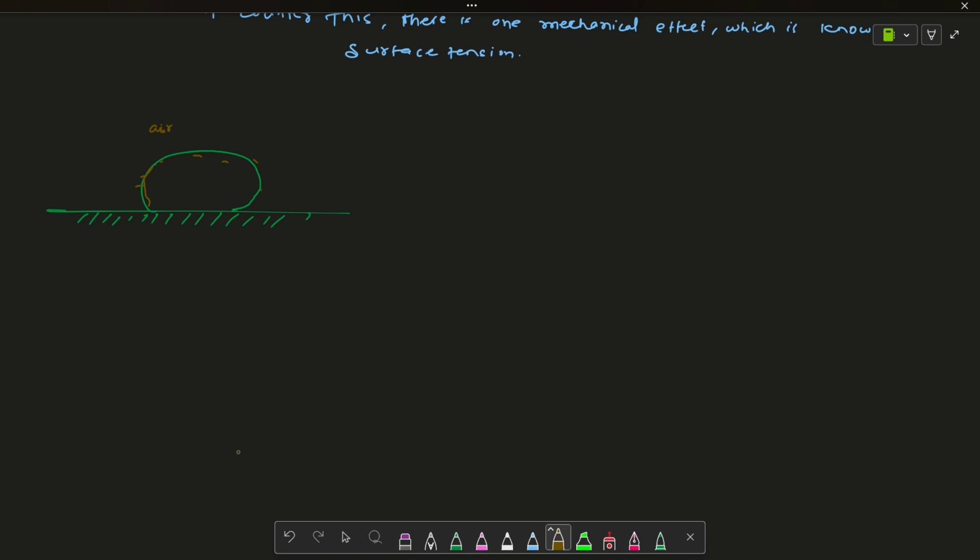If you cut a length dl at the interfacial surface, let's call it dl, it should be cut at the interface only, not in any internal part of the liquid or external part of the atmosphere.